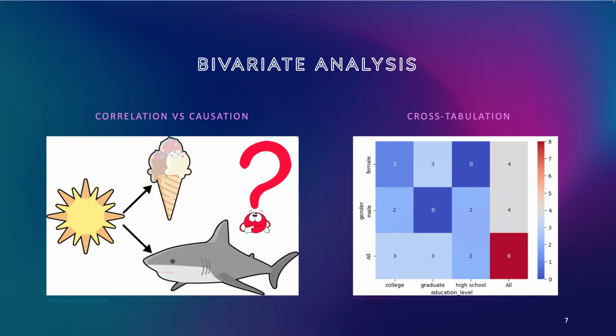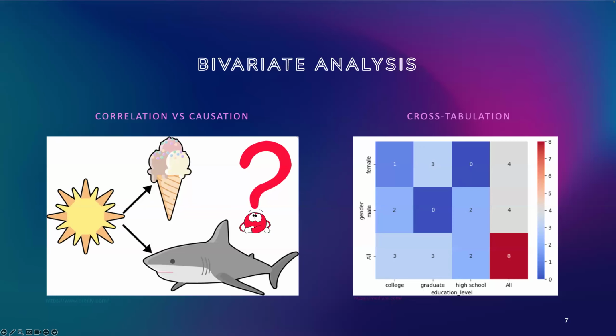It can also be represented as a heat map, like you see here, and is a method for examining the relationship between two categorical variables in our case. So it shows the frequency distribution of one variable's categories across rows and the other one's across columns. As you can see here, the education level and the gender. And this facilitates the analysis of the relationship between these two variables.